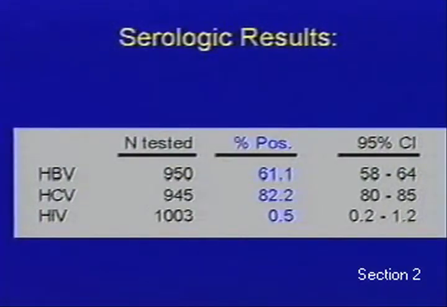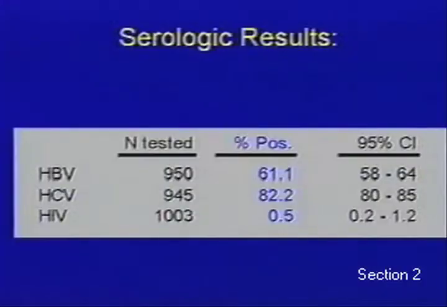In conclusion, I want to show you a couple of things I worked on some time ago. This is a table showing the serologic results from a project we did involving street-recruited injection drug users in New Mexico. This table is intentionally shown in the format that us epidemiologists use mostly to communicate with one another, where I'm showing for HBV, hepatitis B, then hepatitis C, and HIV, the number of people we tested, the percent of them who were positive, and the 95% confidence intervals, a statistical assessment related to the precision of the percent positivity.